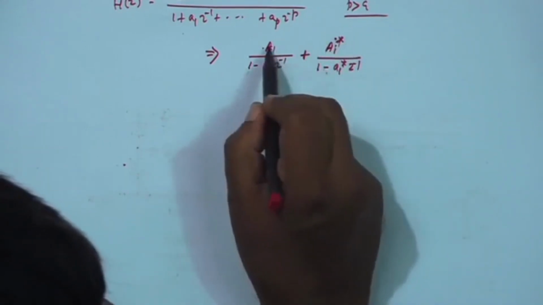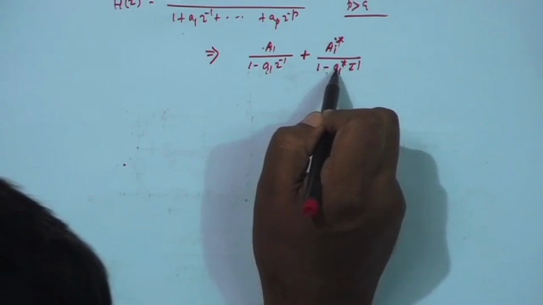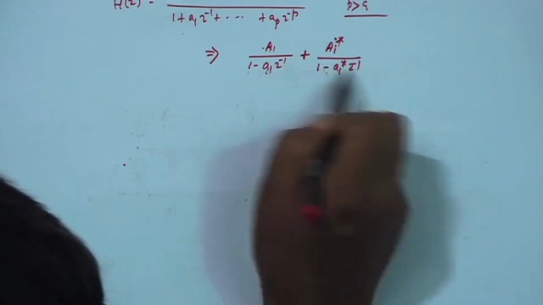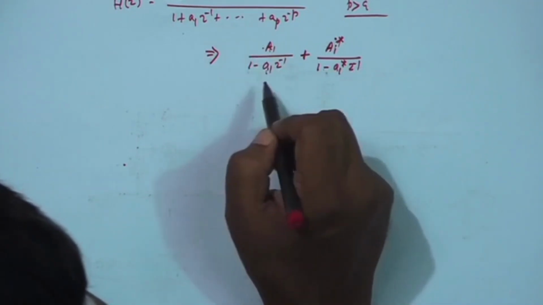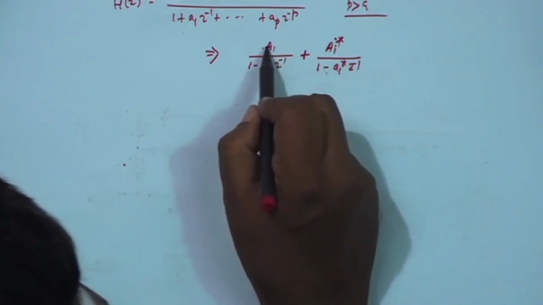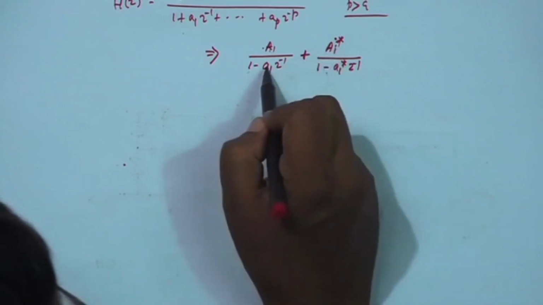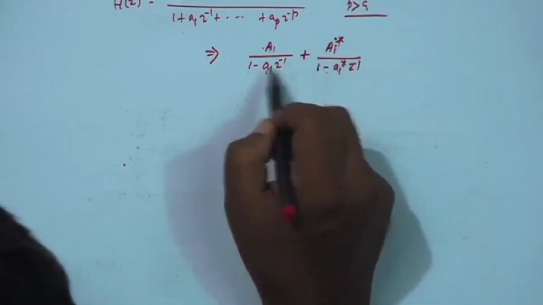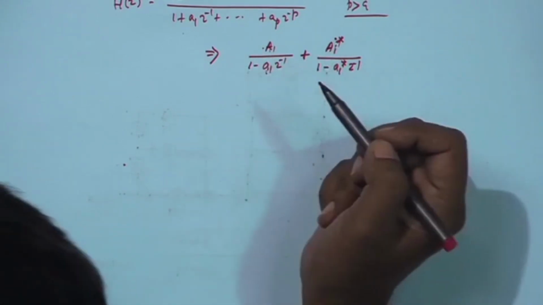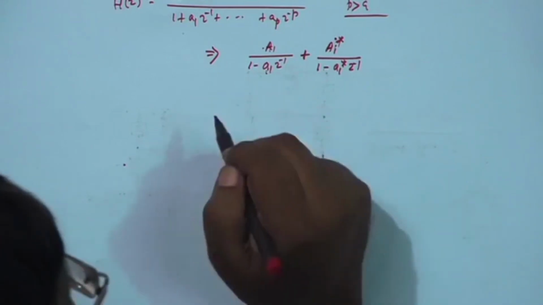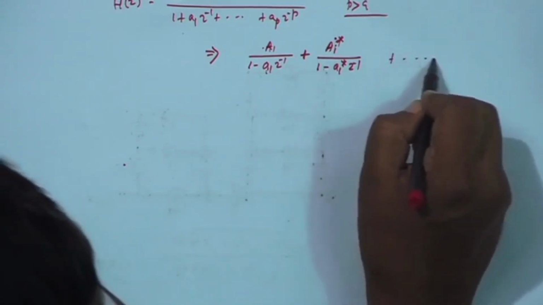Then minus Z inverse you take common, capital A1 small a1 star, capital A1 star small a1, and they are added. They are conjugate of each other, which means again you get real. And there may be other terms.